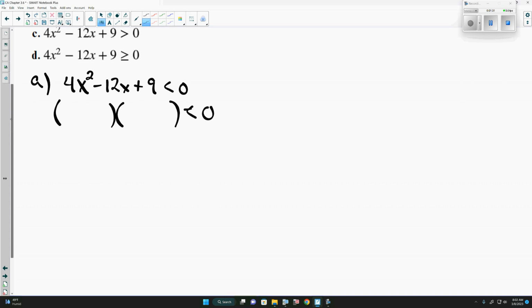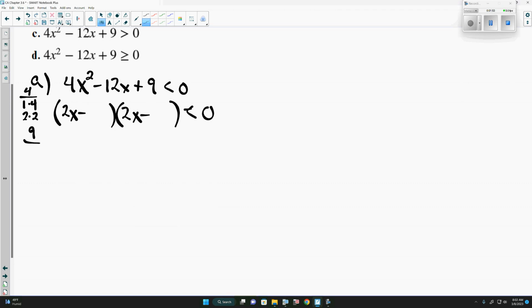Since 9 is positive, our signs are the same and match the sign of the middle term. So negative and negative. Our factors of 4x squared, well, we'll have x and x. And the factors of 4 are 1 and 4 or 2 and 2. Now the first one I would try would be 2 and 2.